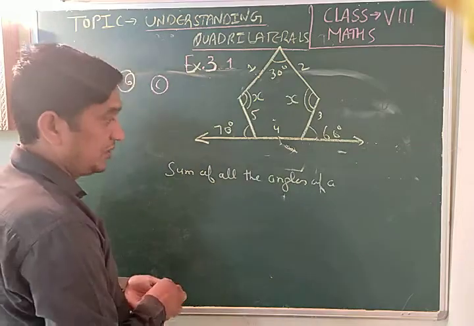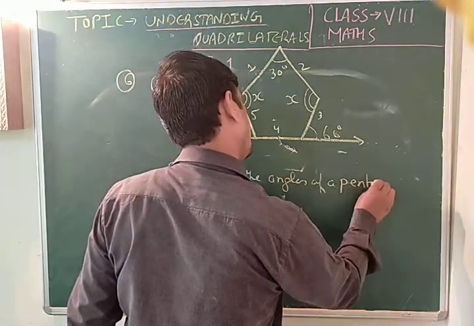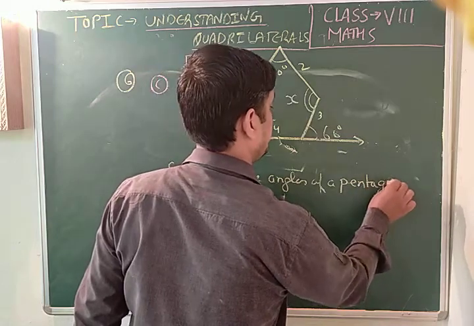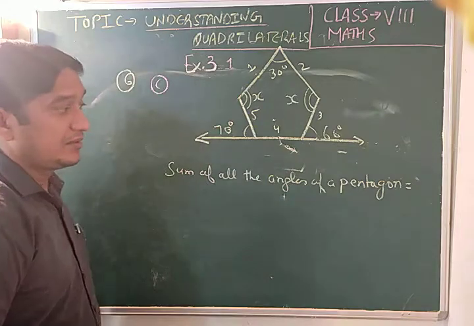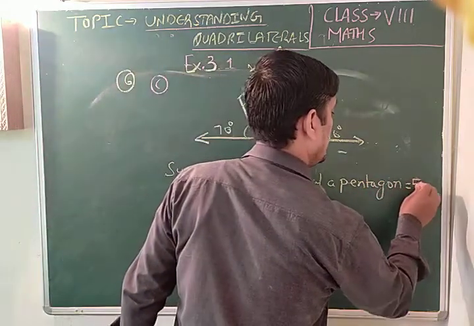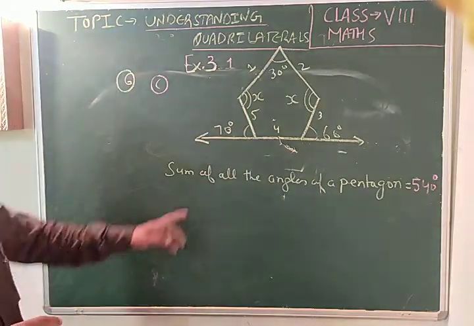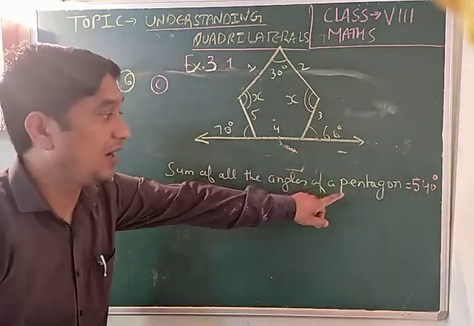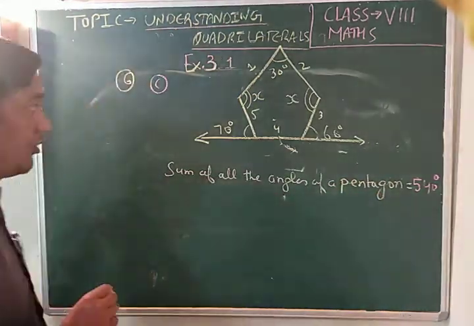And we must know the sum of all the angles of a pentagon is equal to 540 degree. If you are not able to recall that formula, that the sum of the angles of a pentagon is 540 degree, then what you will do?